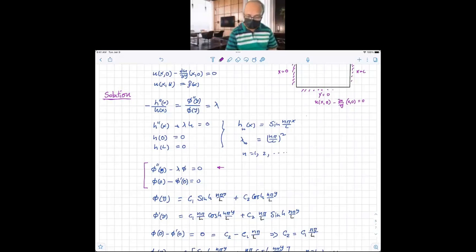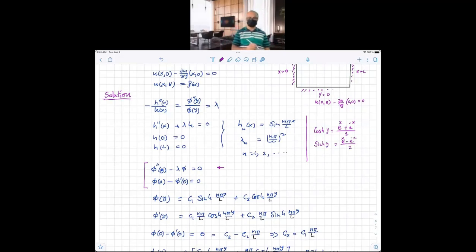Just to remember, I know some of you might be confused. Cos hyperbolic would be e to the power x plus e to the power minus x divided by 2. Sin hyperbolic would perhaps be e to the power x minus e to the power minus x divided by 2, and so on.